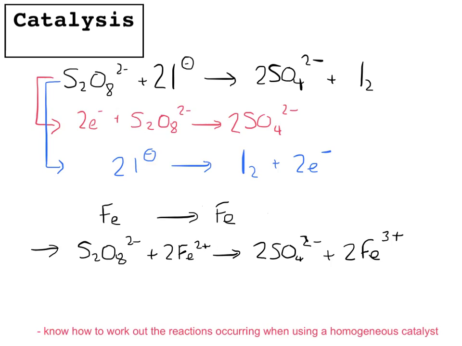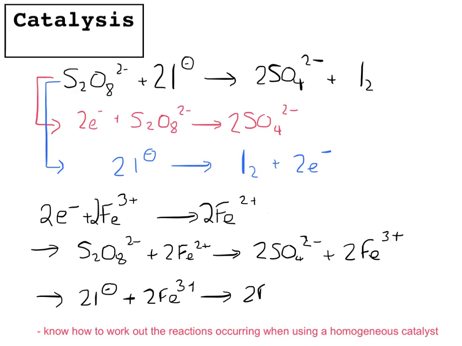So we're going to have the Fe3+ turning back into the Fe2+, and this time the electron will be on the other side. So the blue equation will now combine with this, multiplied up by 2, so the electrons cancel, and so our second equation is going to be 2I- plus 2Fe3+ goes to make 2Fe2+ plus I2.